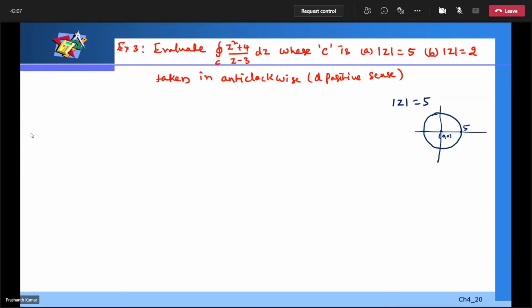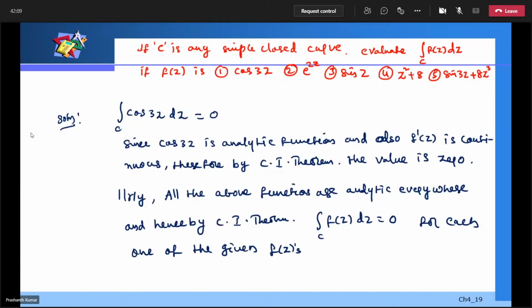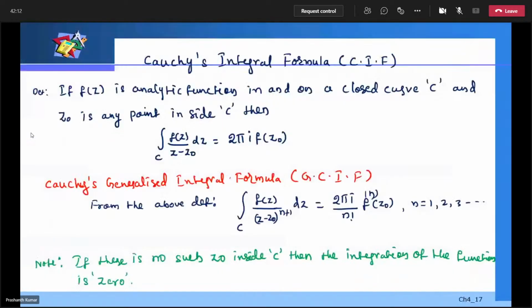All of you see, this is the Cauchy's integral formula.